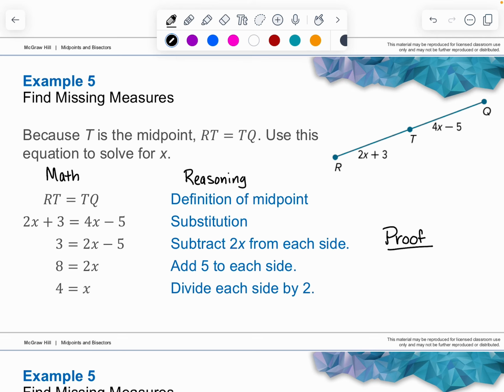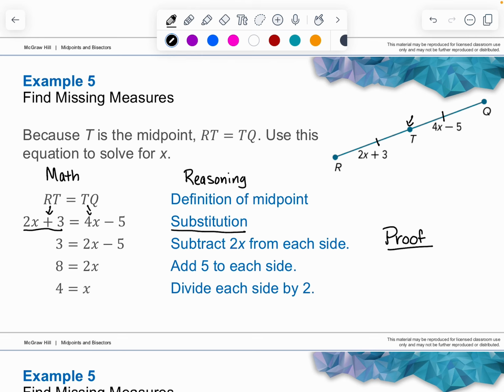Okay? This is true. RT equals TQ is true because this is a midpoint, because T is a midpoint. And because RT is 7x plus 3, we can substitute 7x plus 3 in for it.